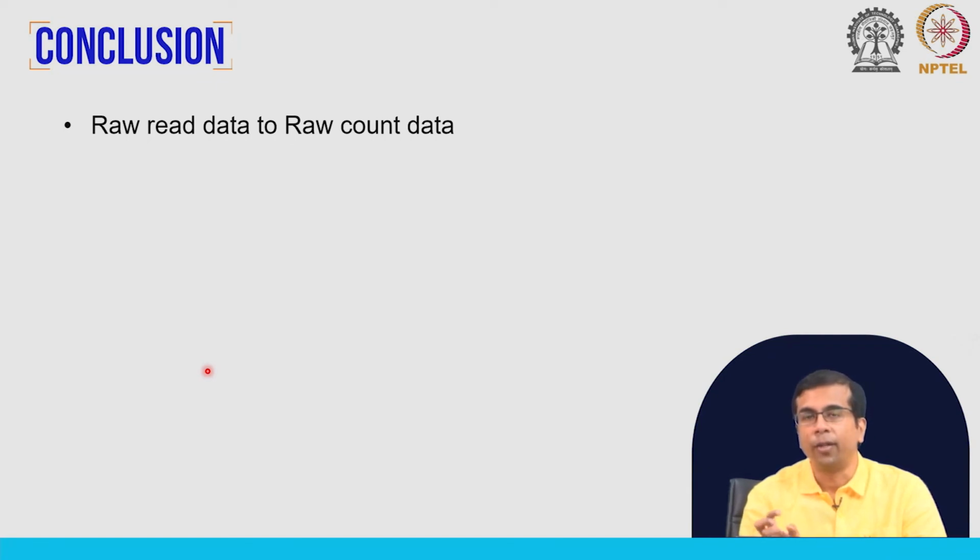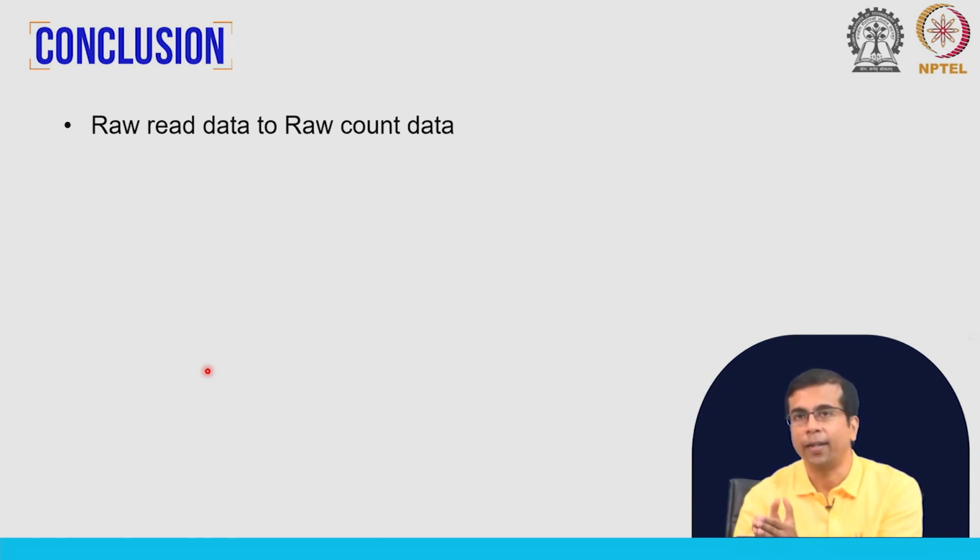Of course, you cannot take this count data immediately as the expression level, because there are a lot of biases in the data that we need to account for before we can compare expression levels. We will talk about these biases in the next class, and you will understand how we go from the raw count data to the actual expression level.